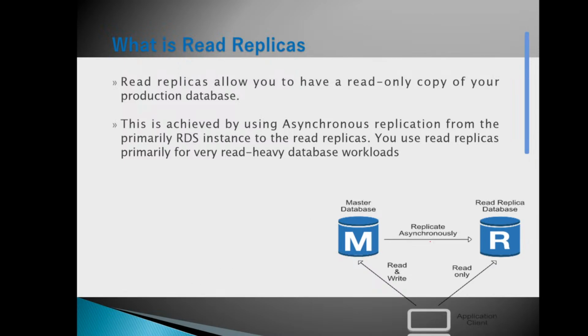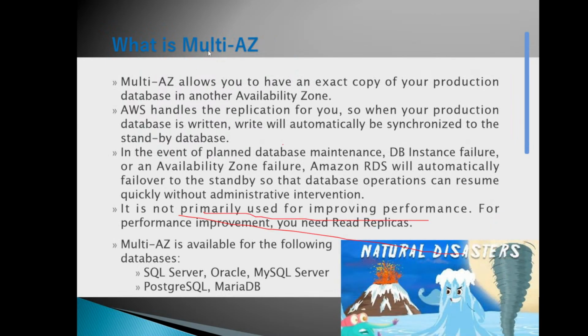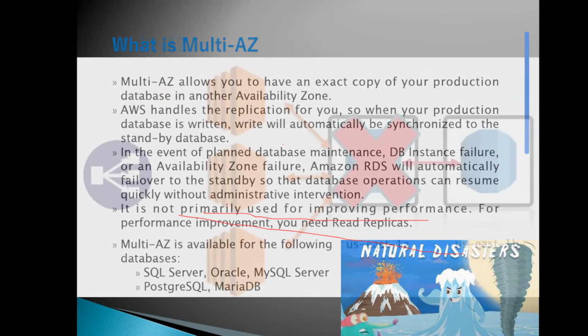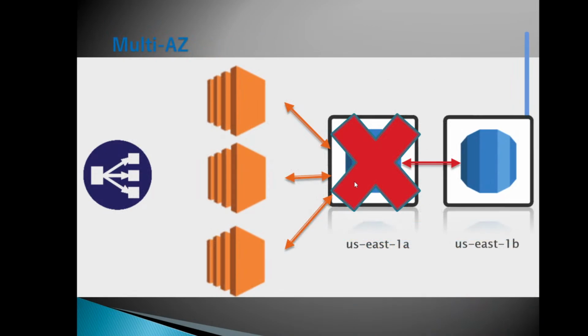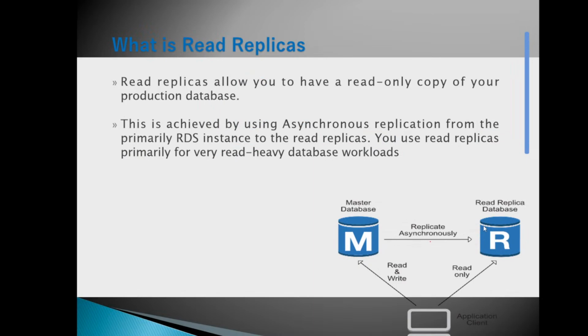So there is a concept called synchronous and asynchronous. In the case of multi-AZ, the active and standby are synchronous. That is, they are immediately in sync. If you make any changes in your primary database, it will immediately, without any delay, be synced with the secondary one. Second is asynchronous.